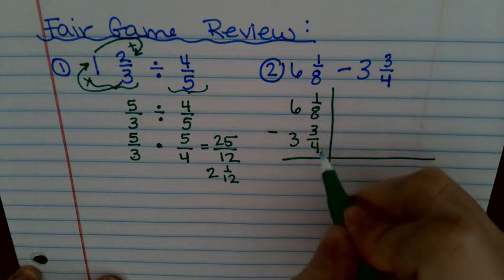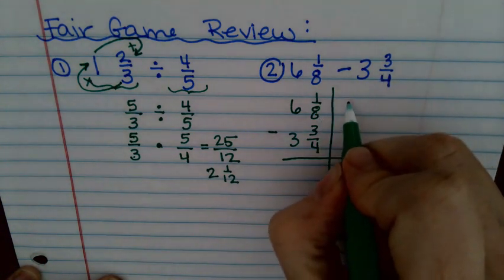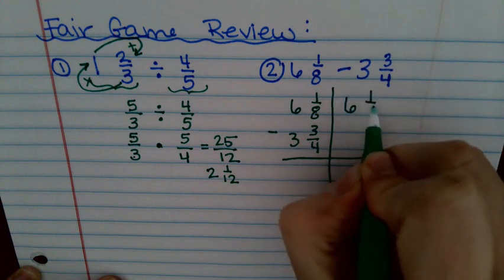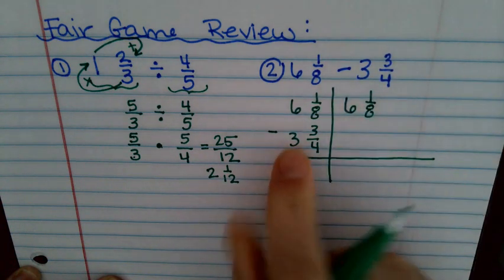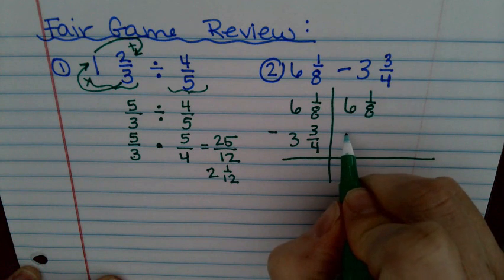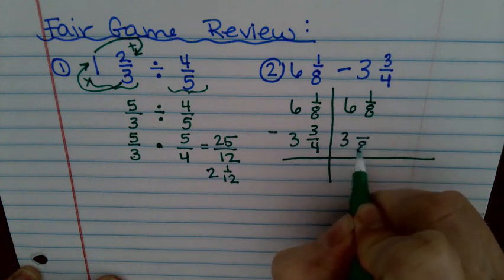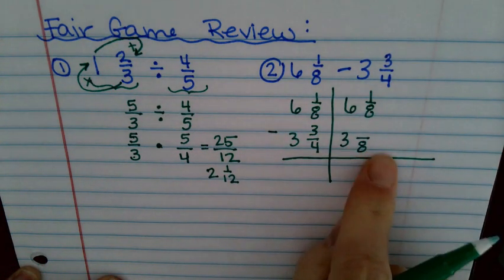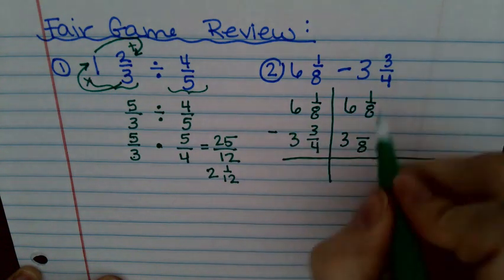So I'm going to find a common denominator between 8ths and 4ths, and I realized it was 8ths. So I'm going to leave 6 and 1/8 alone, but I'm going to change 3 3/4 to 3 and something over 8. I multiplied 4 times 2 to get to 8, so 3 times 2 is 6.